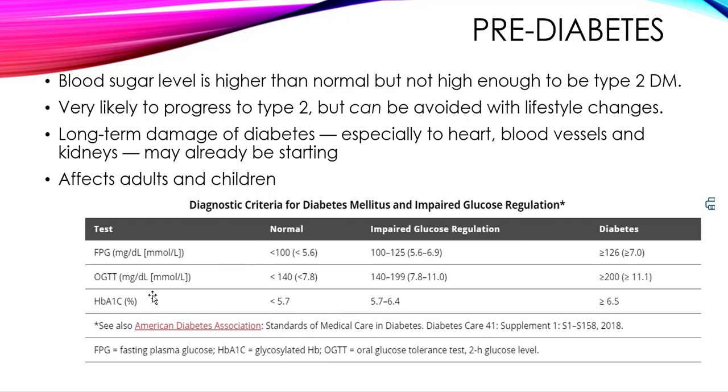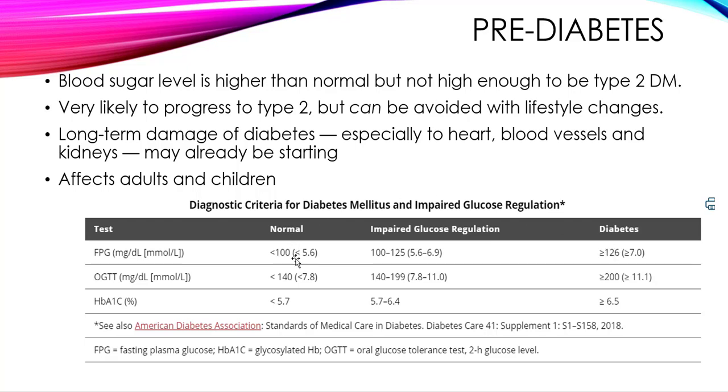And for example, if we are going by a FPG test, which is a glucose measurement that is taken when the person has fasted, a normal result would be a number lower than 100. Diabetes would be a number that is either 126 or greater than 126.